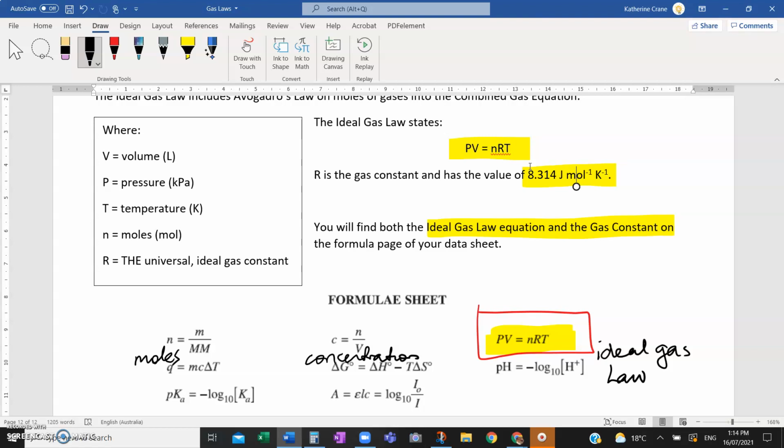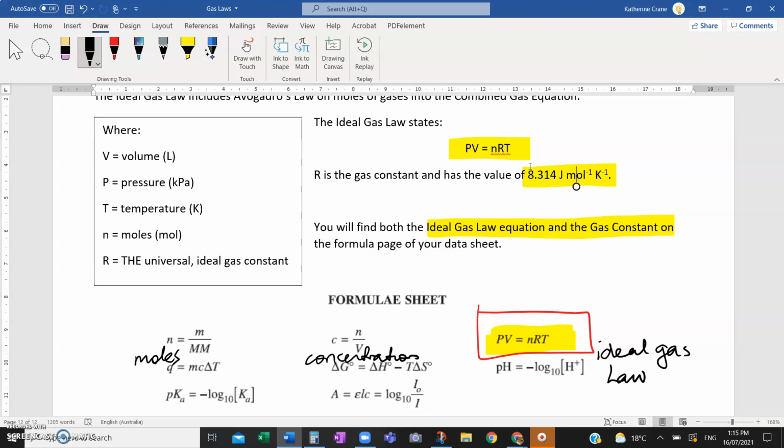Because the particles in a gas are so far apart, they really don't have much effect on each other, unless it's at very low temperatures or very high pressures, when of course they're all pushed together and there are interactions. So basically all gases show this behaviour outside of low temperature and high pressure. The gases that do it best are hydrogen and helium, because they are the smallest.